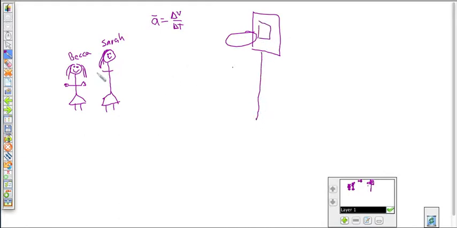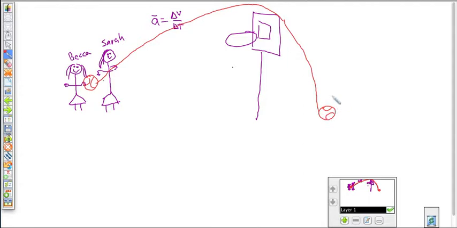So let's say that Sarah doesn't have hands either. And so let's say that Becca decides to throw the basketball at the hoop. So here's our basketball. And so Becca throws the basketball at the hoop. Woo! Misses the hoop. And the basketball lands on the ground right here.